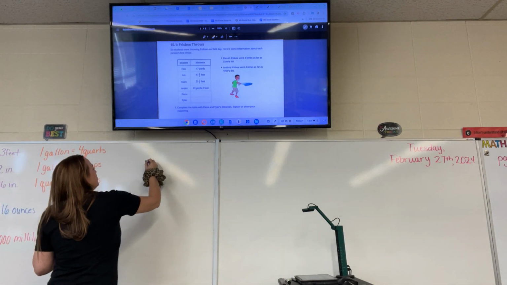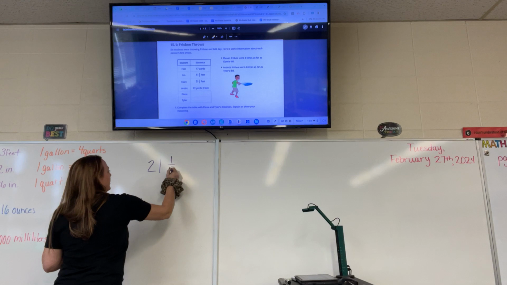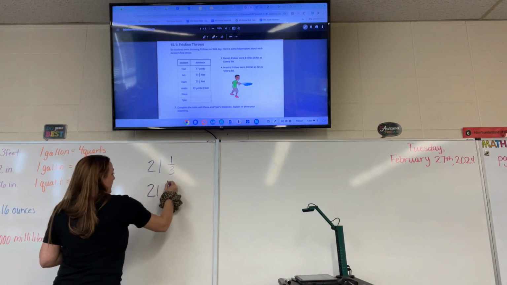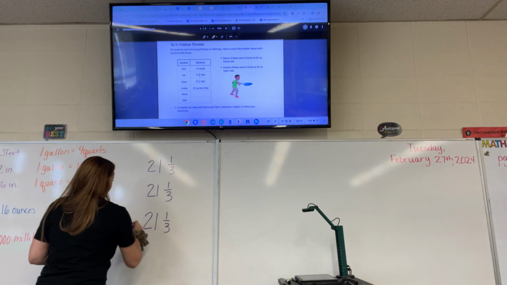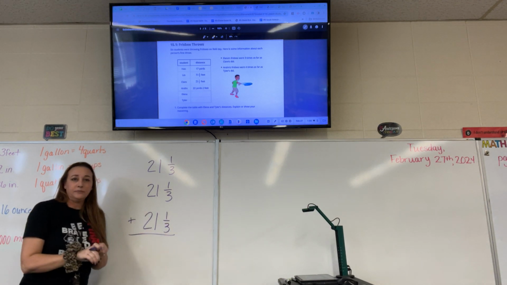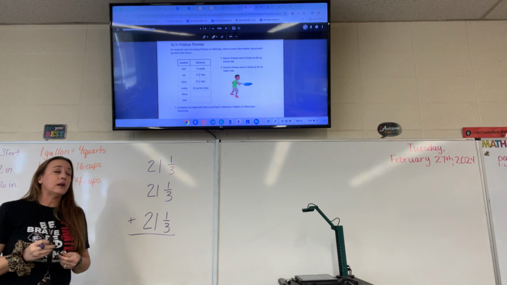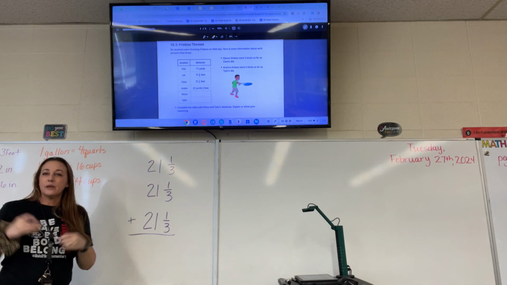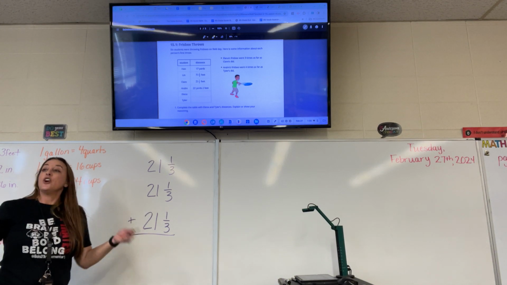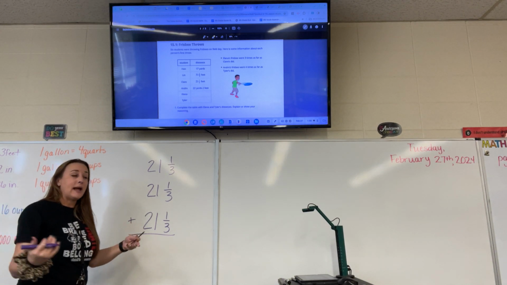So if we do 21 and 1/3, 21 and 1/3, 21 and 1/3, and we add those together, that's 3 groups of 21 and 1/3. What is 1/3 plus 1/3 plus 1/3? 3/3, which is equal to 1 whole, right?